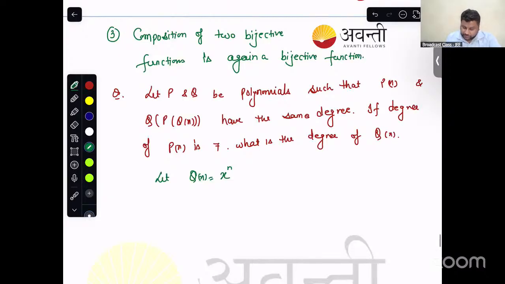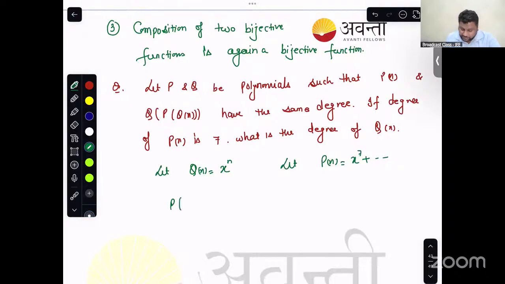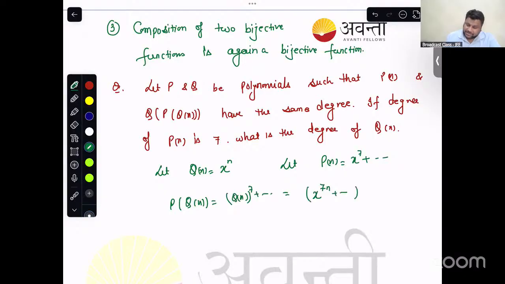If it is so, and let P(x) be x to the power 7 plus some other terms also. Whenever you find P of Q(x), it will be what? Q(x) to the power 7 plus some other terms. That is x to the power 7n plus some other terms.